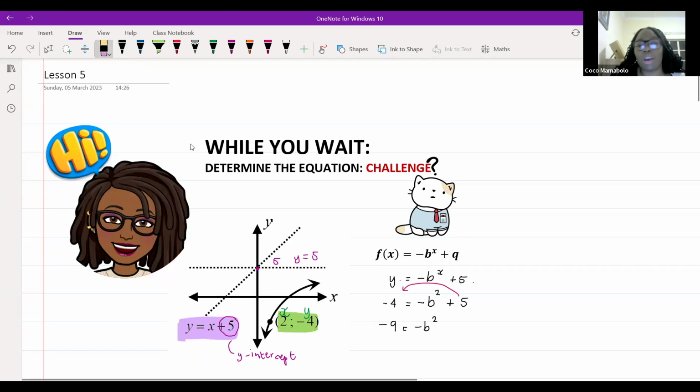I'm now going to divide both sides through by negative, so we can get rid of the negative. So I'm going to get 9 is equal to b squared. Therefore, b is equal to, what is my value for b, guys? That's it, Asanda, beautiful. b is equal to 3.